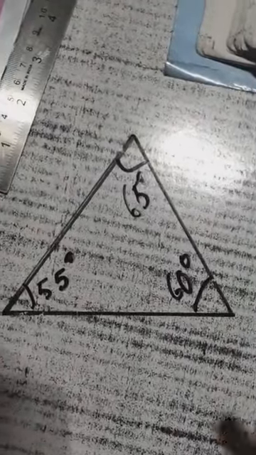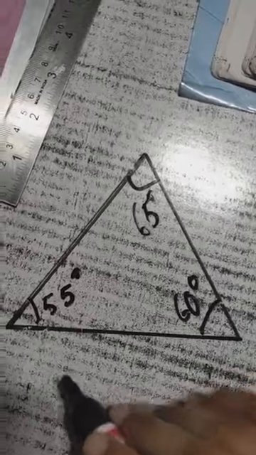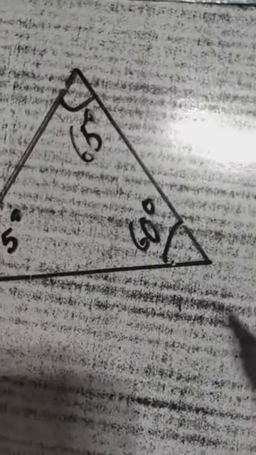So this is an acute angle triangle, because all angles are acute angles. Now coming to the next triangle, that is right angle triangle.